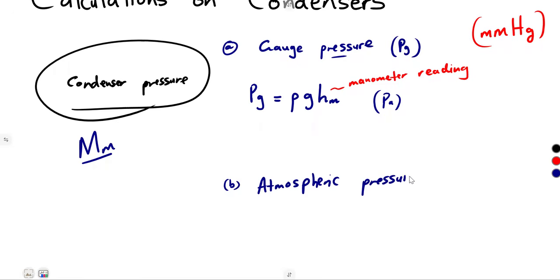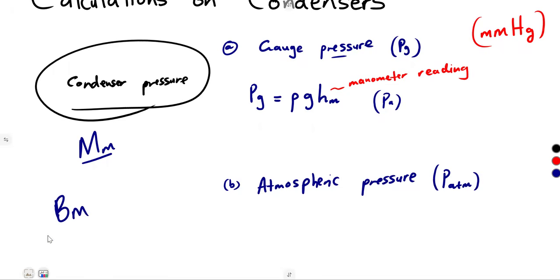Whenever we are dealing with the atmospheric pressure, you can have it as PA, depending on your textbook, you can even write it as P atmosphere, like ATM. Like I said, same concept. But as for the atmospheric pressure, it is taken from the barometer reading. We used to write our barometer reading as BM.